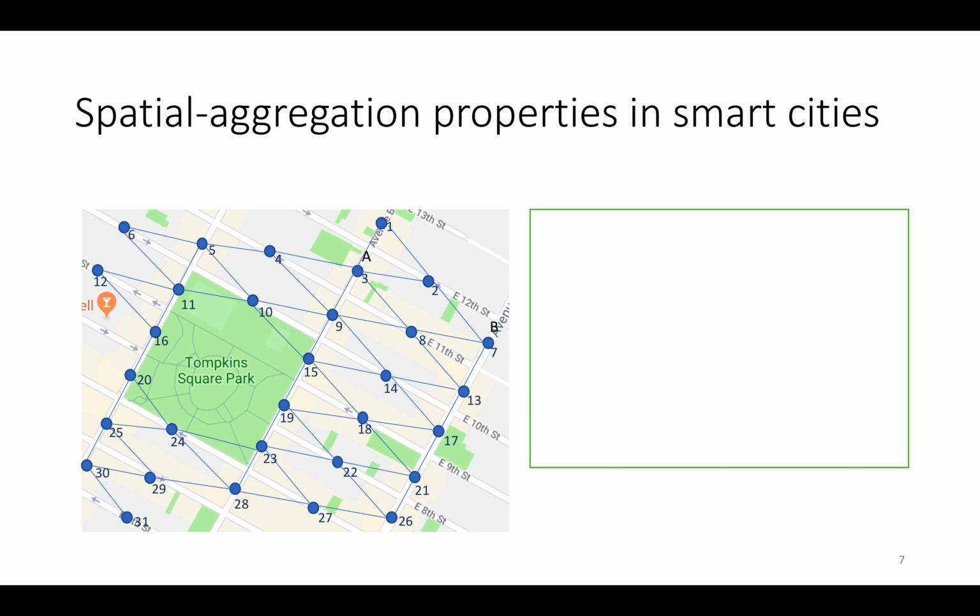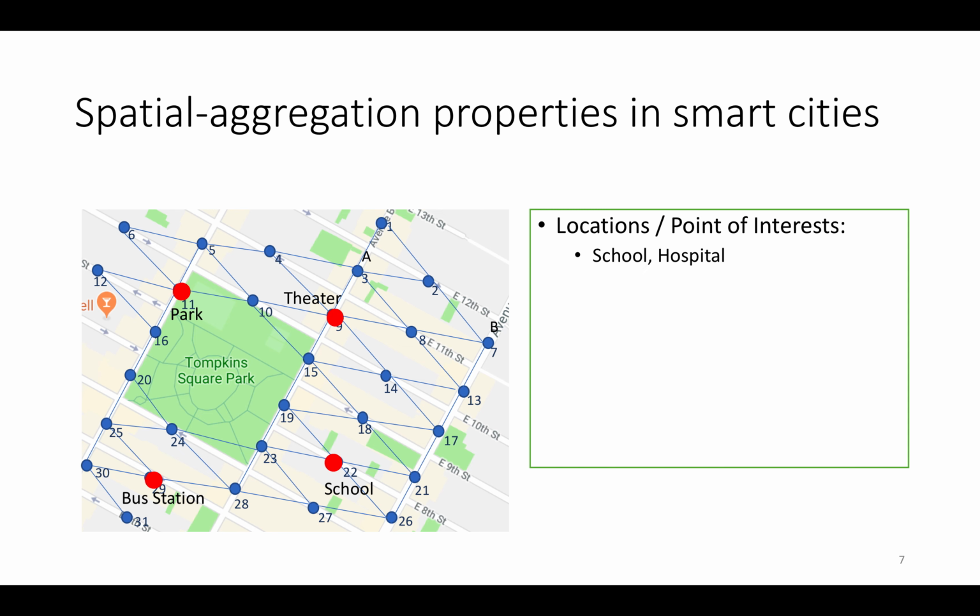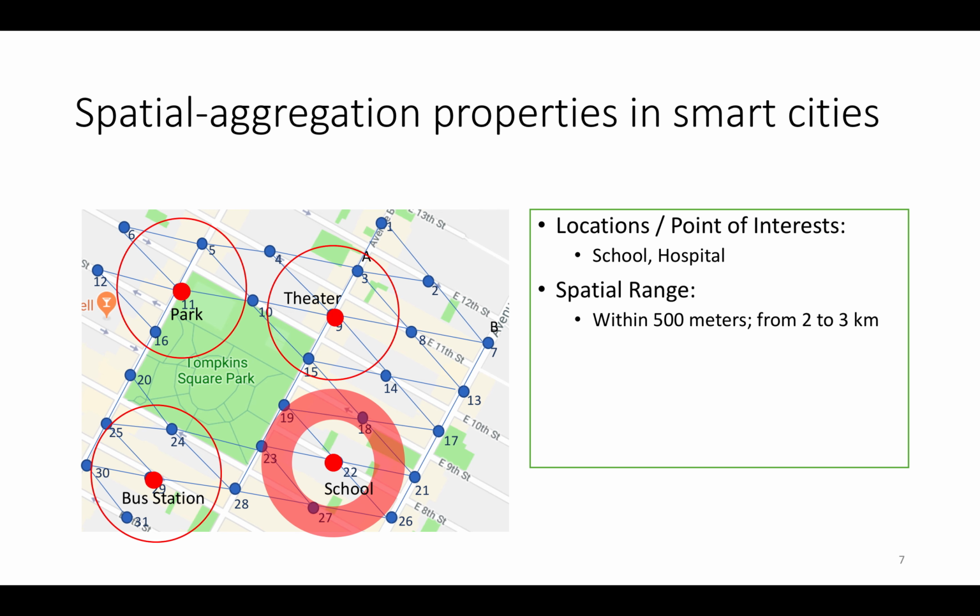Let's take a further look at the spatial aggregation properties in smart cities. The first important feature is the locations and points of interest, such as schools or hospitals, and we want to define requirements specifically for this type of location. The second thing is the spatial range.